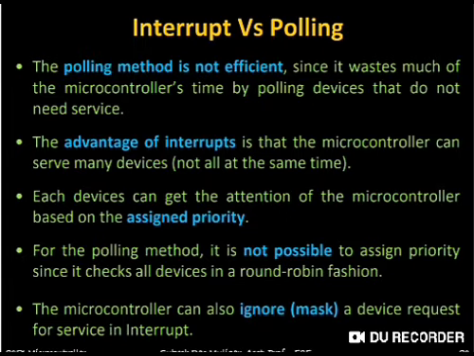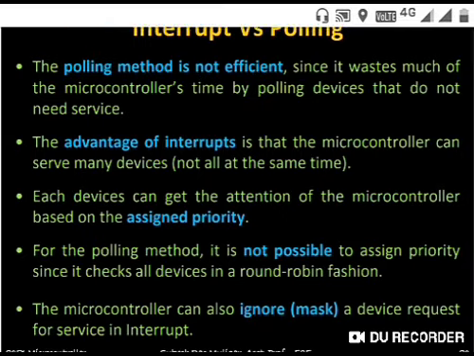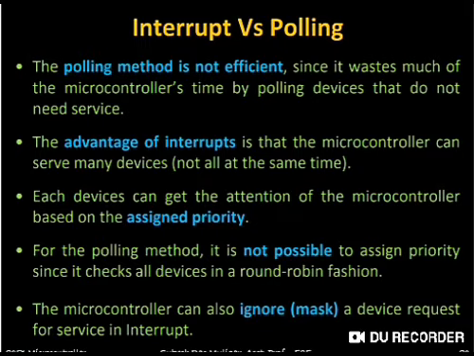The interrupt will be served whenever there is a request of an interrupt to the controller, then only that device program, the interrupt service routine, will be executed. In another way, with interrupts we can assign priority. So out of n devices, whichever device needs the highest priority can be served first, and the rest of the lower priority can be served later.